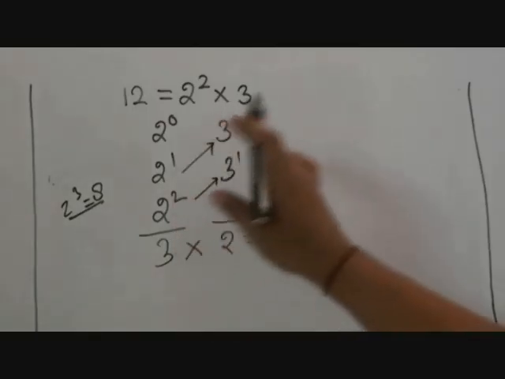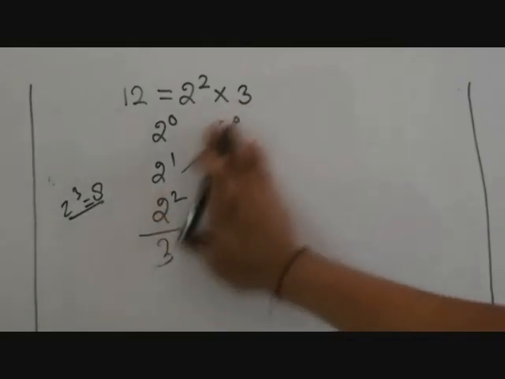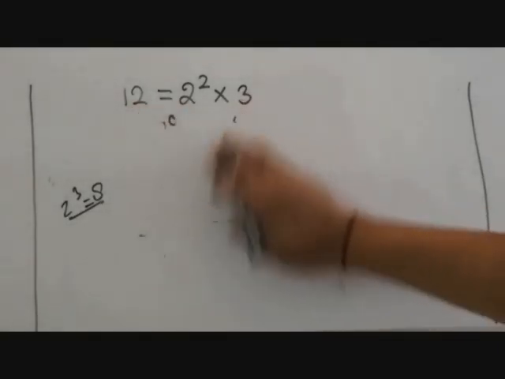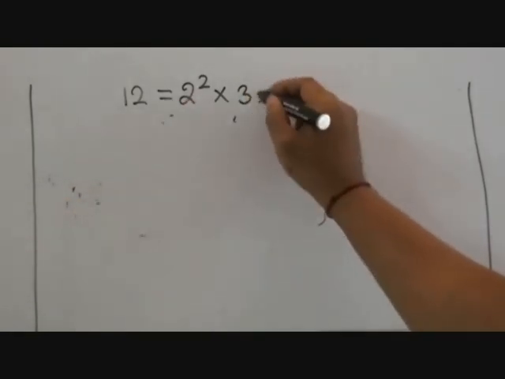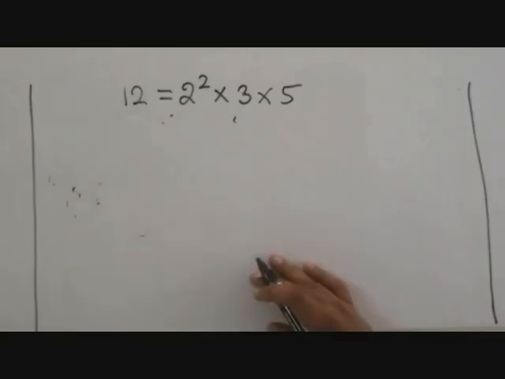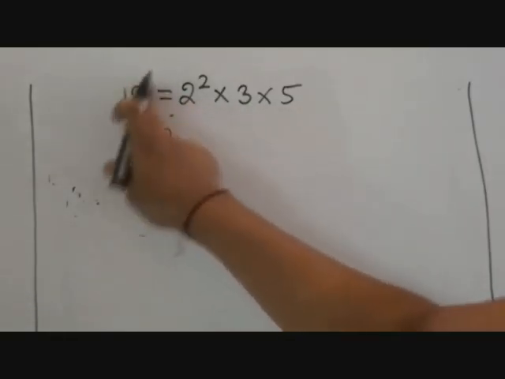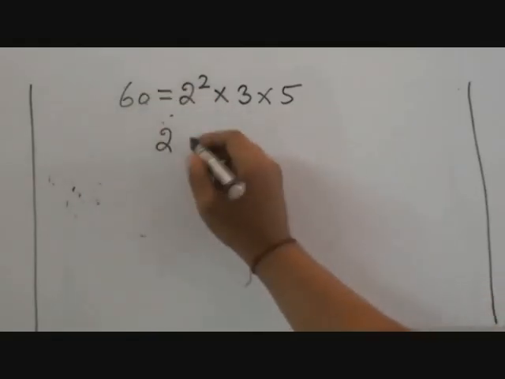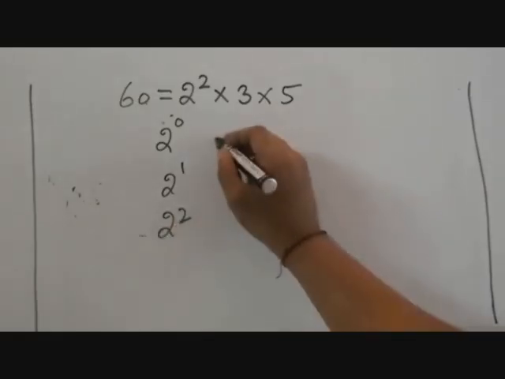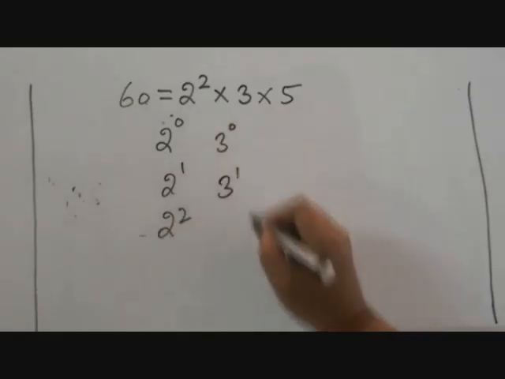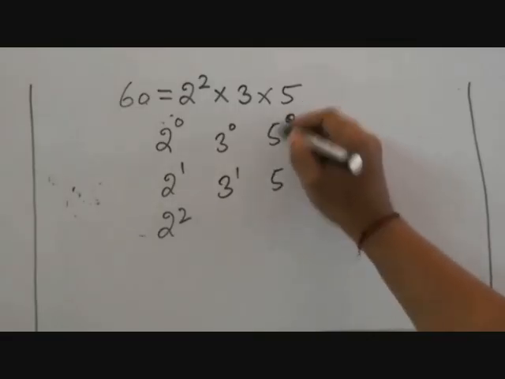Similarly, let's see how we can calculate the number of divisors of 60. Again, the prime factorization of 60 is 2 square into 3 into 5. Now, the powers of 2 which will divide 60 completely would be 2 raised to 0, 2 raised to 1, 2 square; 3 raised to 0 and 3 raised to 1; and similarly 5 raised to 0 and 5 raised to 1.